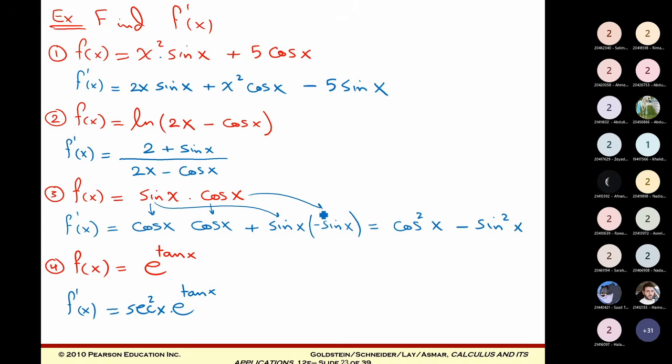Now, multiply by the cosine, negative sine. Cosine times cosine is cosine square. Sine times sine is sine square. Okay? Any question?